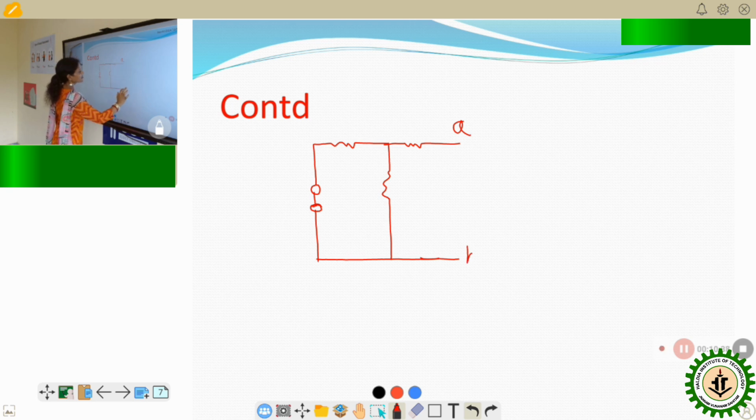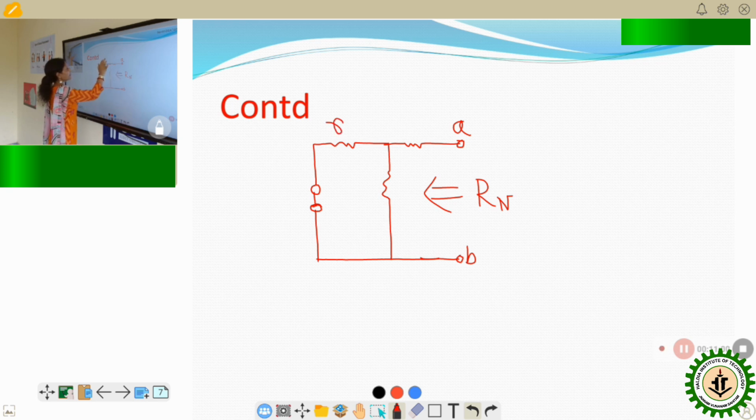The open-circuited terminal is AB. Now view back into the network from the open-circuited terminal for calculating RN.